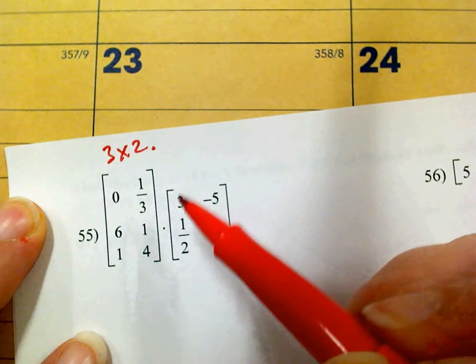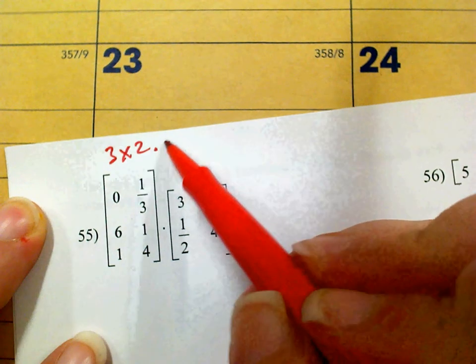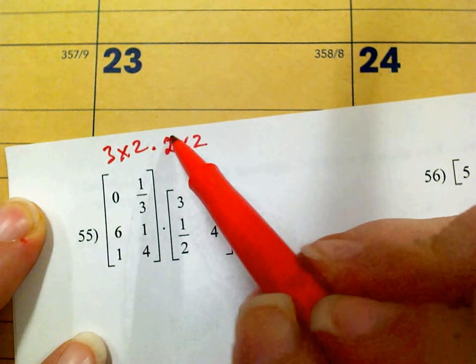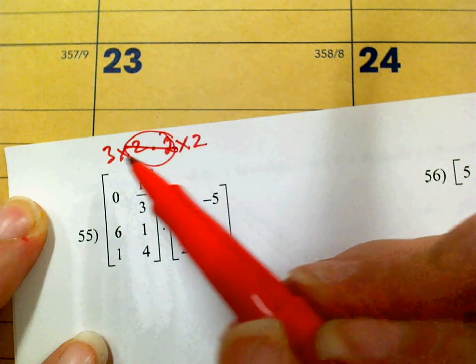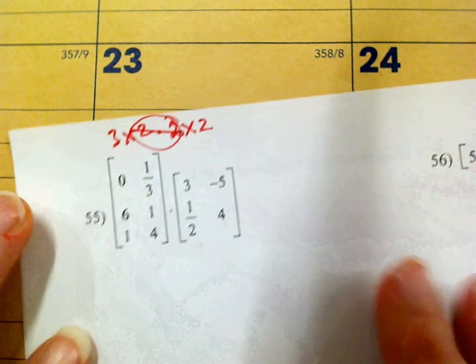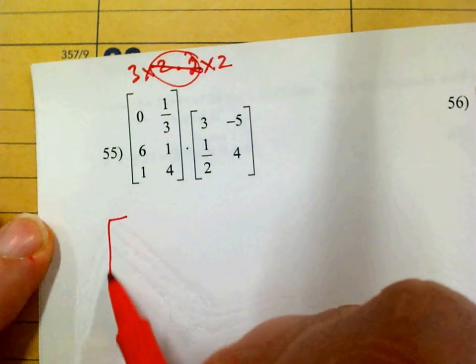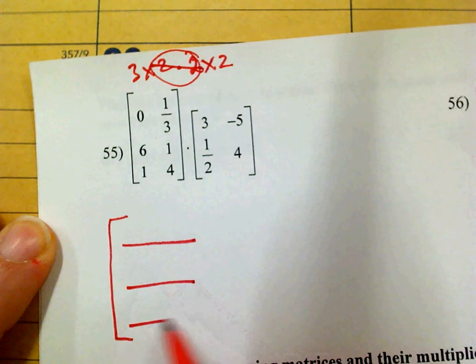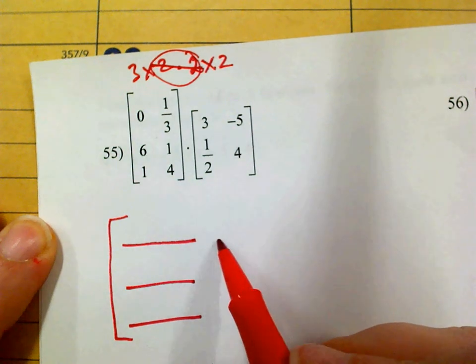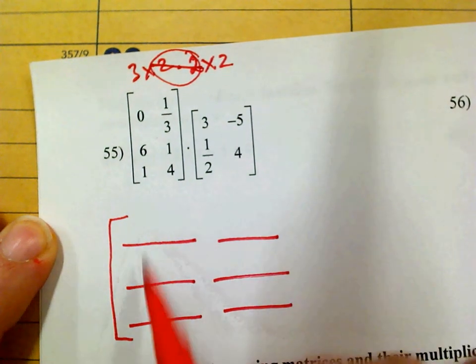Can I? Because these are the same, right? And that means my answer is going to be a what? A 3 by 2. So 1, 2, 3, 1, 2, 3. 3 rows by 2 columns.